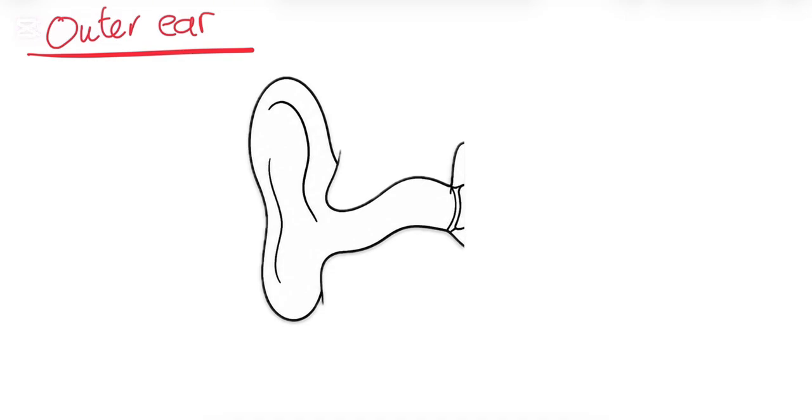So the outer ear, as we can see here, is made up of, firstly, this structure, which is a flap that is made up of elastic cartilage, all right, that is covered by skin.